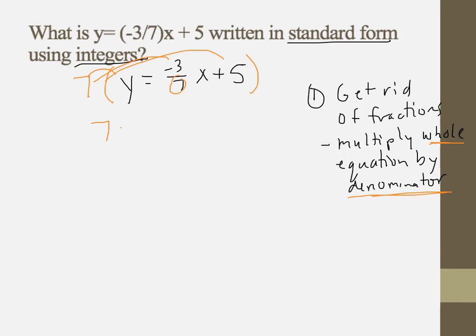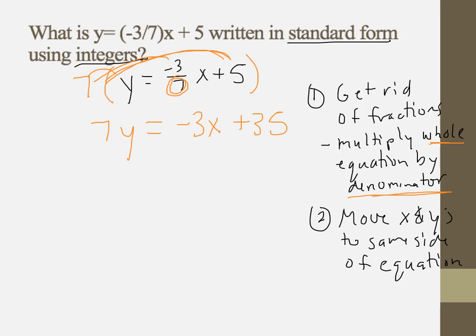So this becomes 7y is equal to, once you multiply this by the denominator, it's just going to be the number on top of your fraction. So that will become -3x. And then 7 times 5 will be plus 35. And then your second step is you want to move the x or y to the same side of the equation. So same side, and you have to make sure to write the x first.